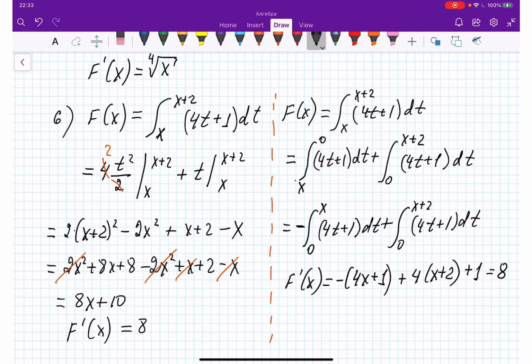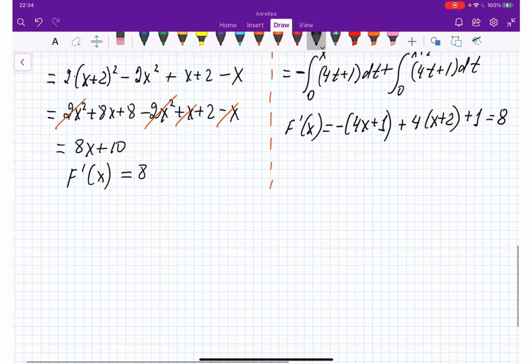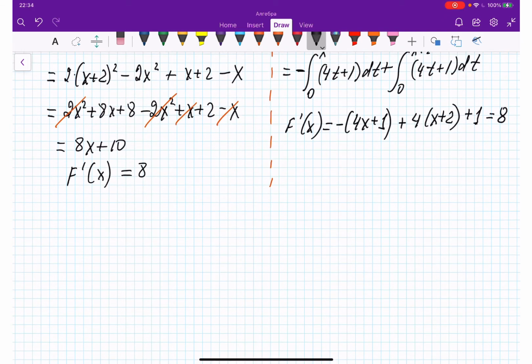Okay, let's do the next one. Number 7. So f of x is equal to the integral from negative x to x of t cubed dt.